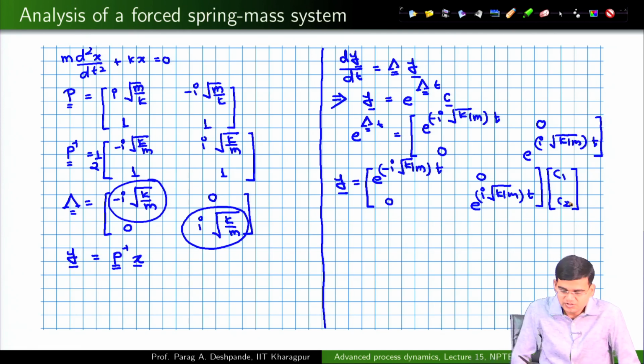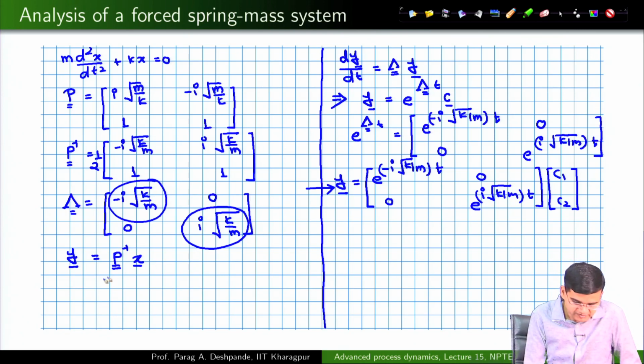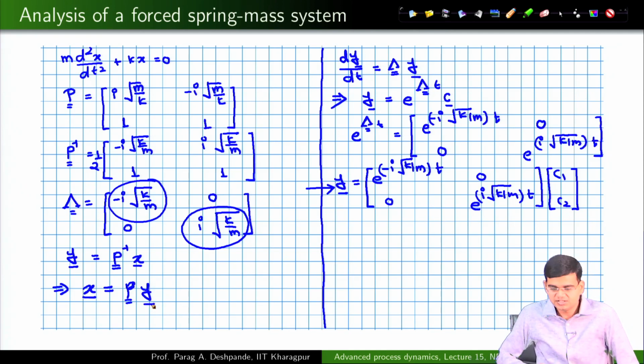Now what I can do is write this back in terms of my original vector. My original vector was x, so I can write x under bar as p multiplied by y under bar.